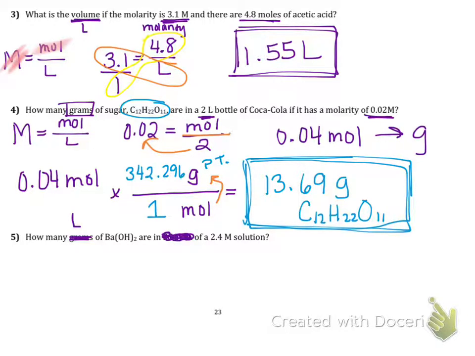We're going to say are in 519.79 grams of barium hydroxide in a 2.4 molar solution. Okay, so that's the information given to us.